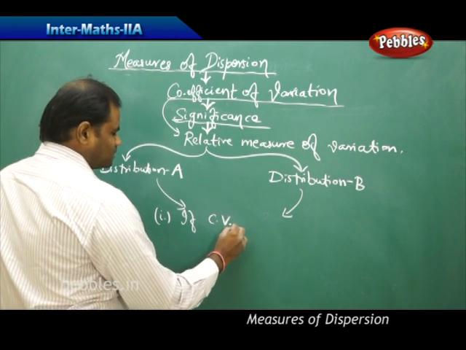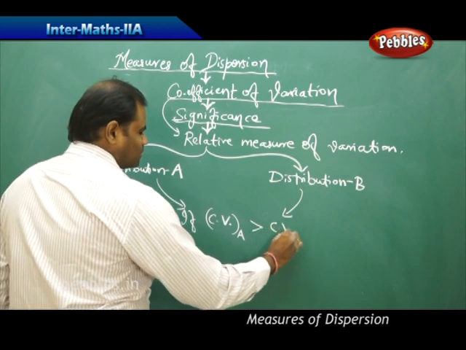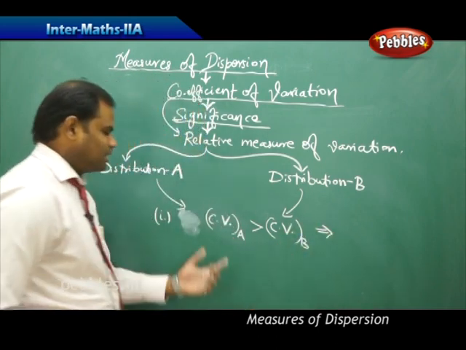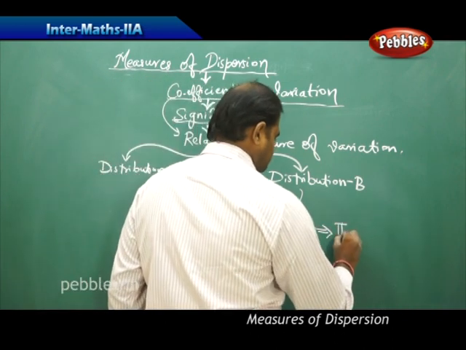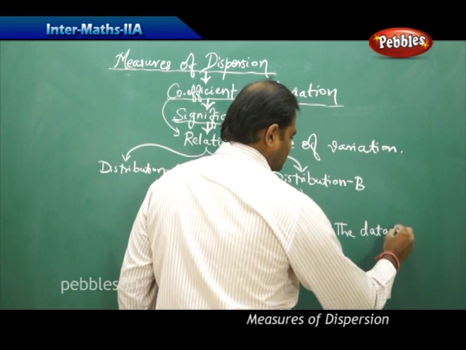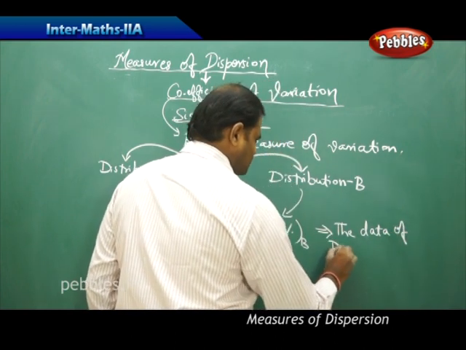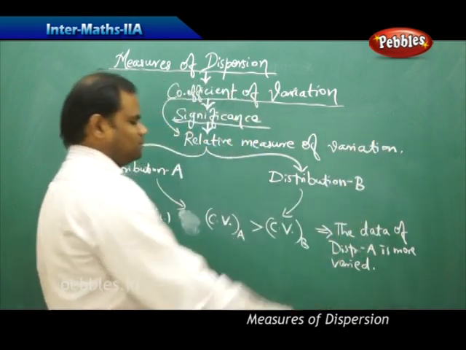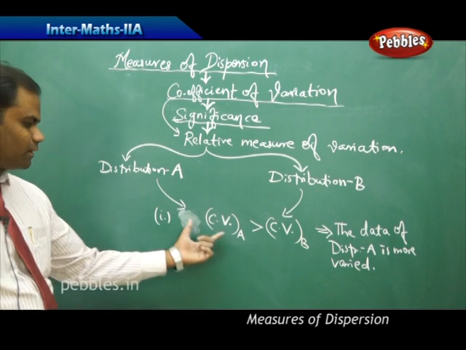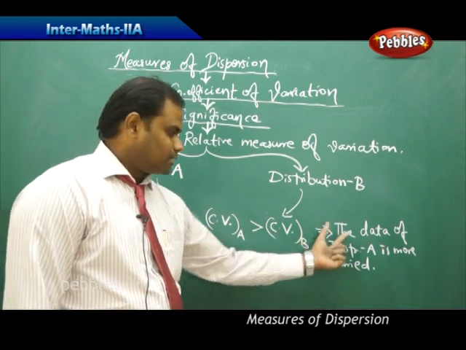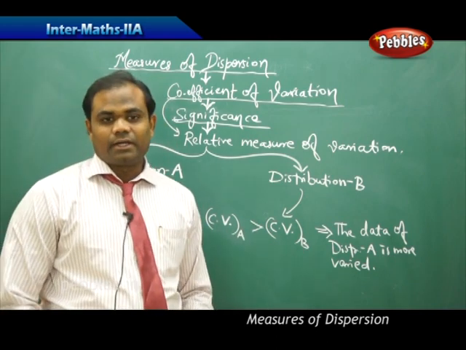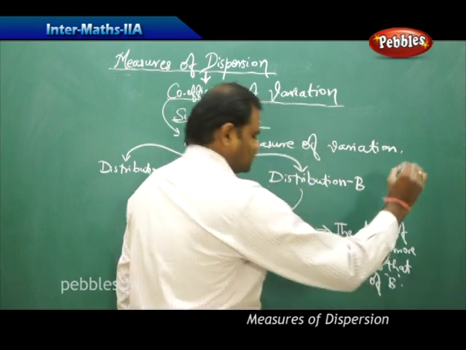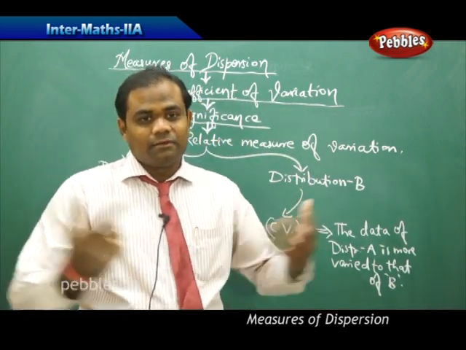If coefficient of variation of A is greater than coefficient of variation of B, then that implies the data of distribution A is more varied than that of B. So greater the coefficient of variation, greater is the variation of the data.